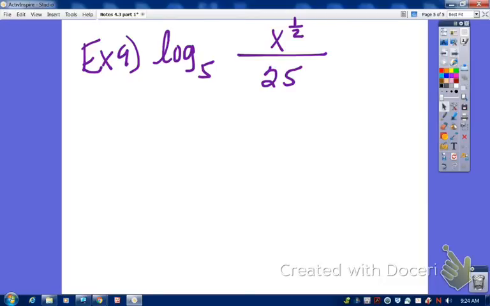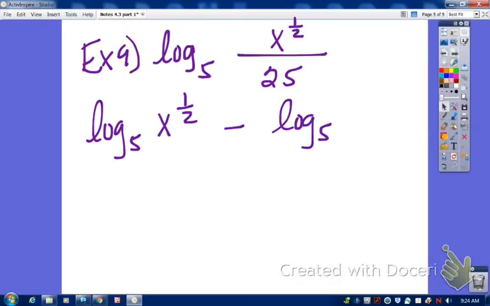So I'm going to first start by using the quotient property because the 1/2 is a power, but it's only attached to your x. So we're going to break it down using your quotient. So it's log base 5 of x to the 1/2 minus, because this is a quotient, log base 5 of 25. X to the 1/2 always comes first, because if it's a quotient, it's the top minus the bottom.